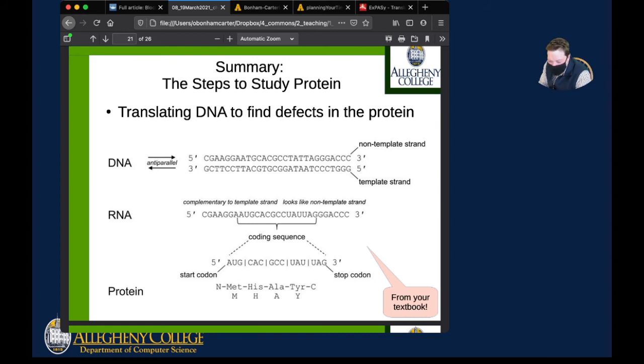In this case, we have the non-template strand and the template strand. The template strand has the complement of the gene as it is. Actually, the gene as it is would be found on the non-template strand. But we don't take that strand because we want the complement of that, because once we take that complement off, it becomes the mold, if you will, into which we form another strand, which is the gene itself.